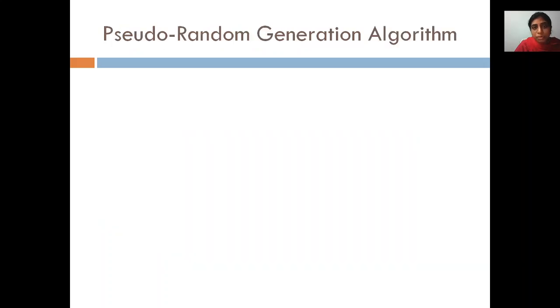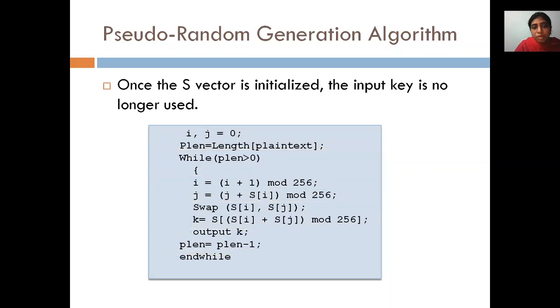Once this code is completed, we generate the key. For generating the key, we take the S vector that has been initialized. We apply this code: we take the length of the plain text and continue till the length of the plain text is finished.